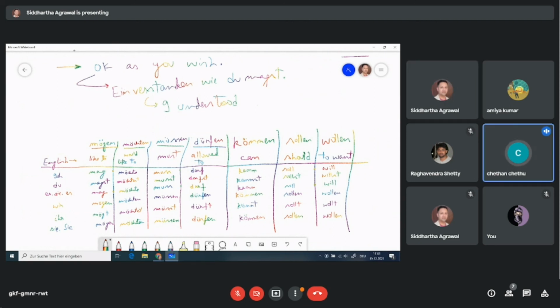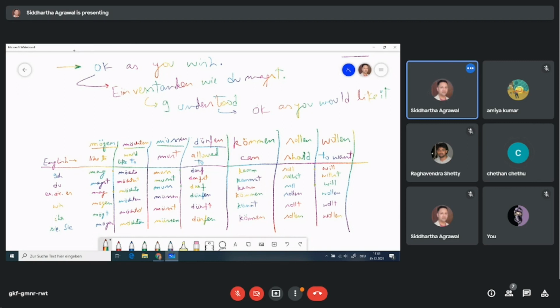But say, why can't we use "wie du möchtest"? Even in English, okay, as you would like to, maybe it can be used, but in general English, we normally don't say that.